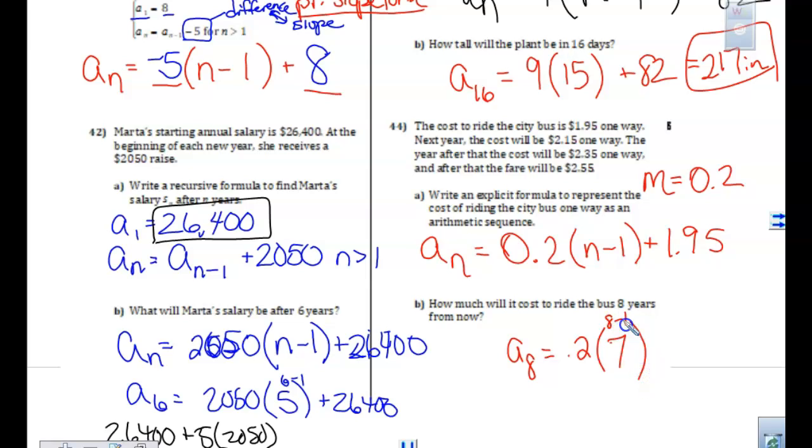So we're really taking 8 minus 1 from here, okay? Plus 1.95. So, still pretty reasonable bus fare probably, right? $3.35 one way ticket a day, okay?